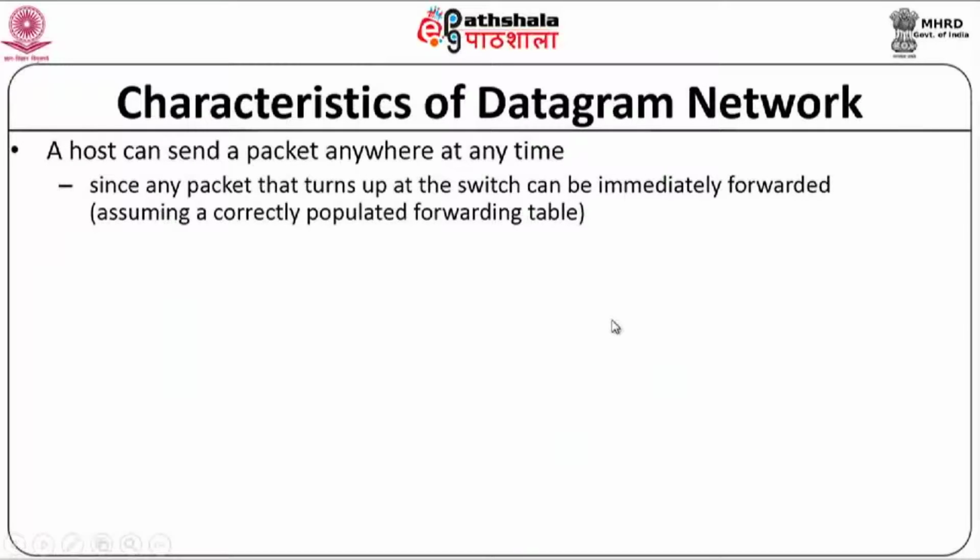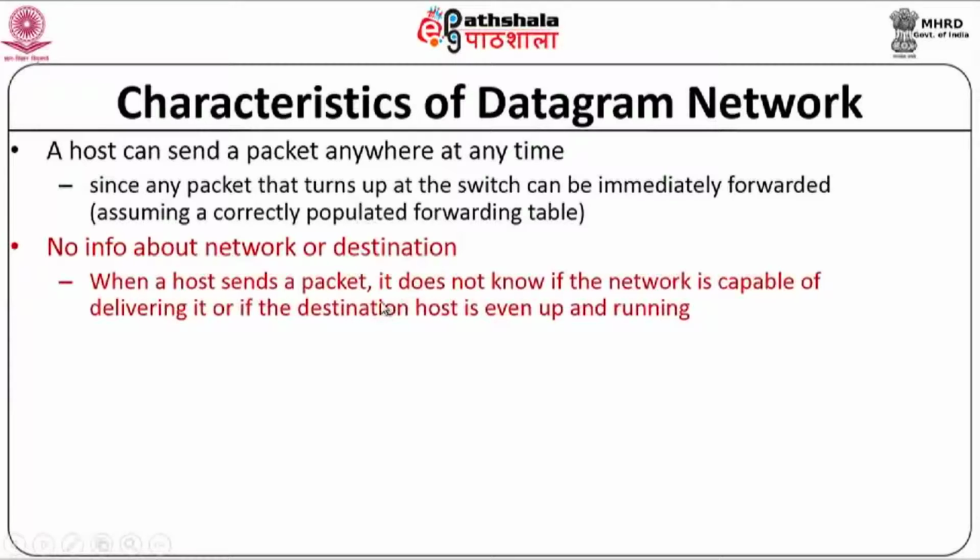The characteristics of a datagram network are something that we know. We need to understand them to see what kind of service IP actually provides for us. In a datagram network, one of the first things we know is that a host can send a packet at any time, anywhere, because a packet can turn up at any switch and be immediately forwarded by looking at the forwarding table, assuming the forwarding table has been correctly populated.